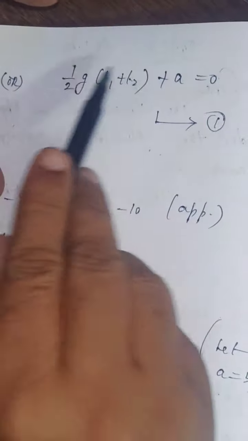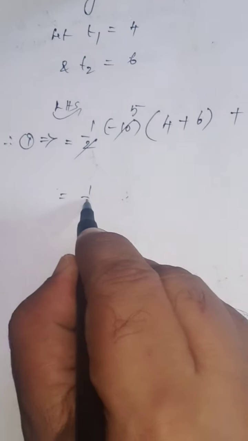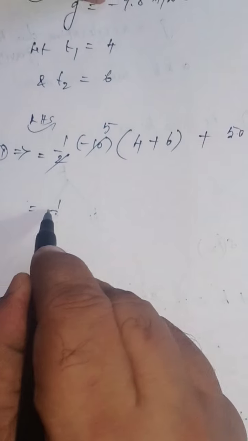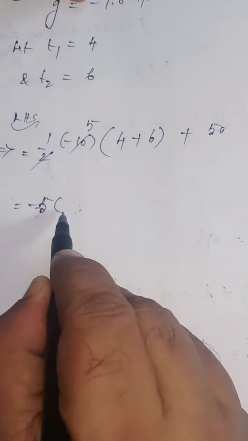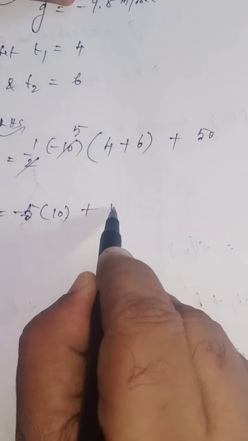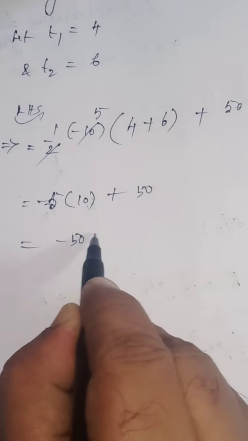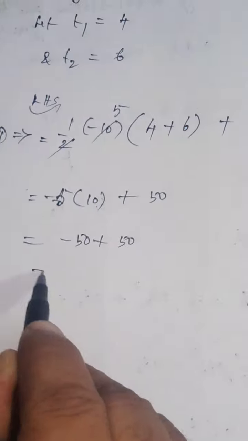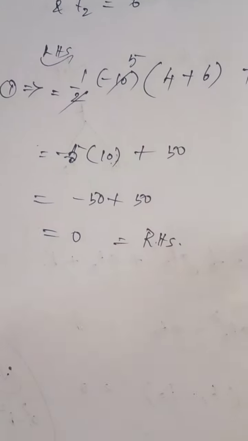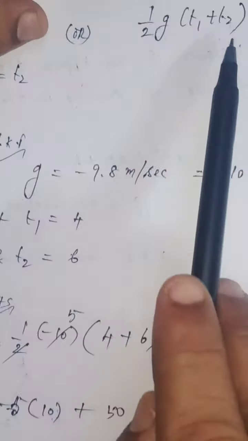In equation number 1 I have taken the LHS. Minus 5 into 4 plus 6 is 10, plus 50, minus 50 plus 50, that is equal to 0. It is possible. So look at the right hand side. So I have proved that RHS. Therefore it cannot be neglected.